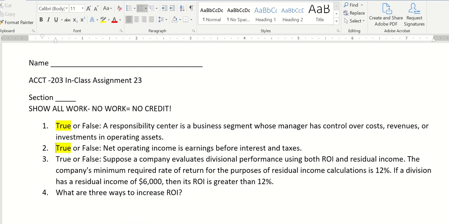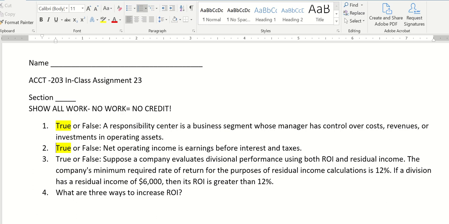And then number 3, true or false. Suppose a company evaluates divisional performance using both ROI and residual income. The company's minimum required rate of return for the purposes of residual income calculations is 12%. If a division has a residual income of $6,000, then ROI is greater than 12%.